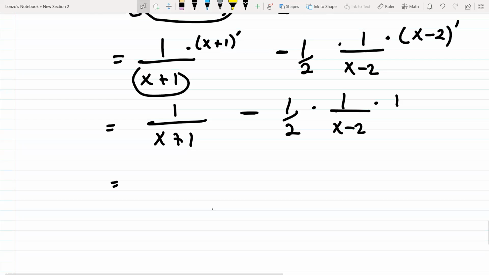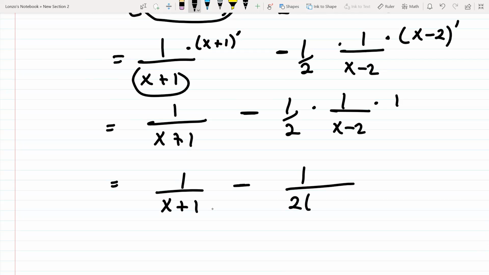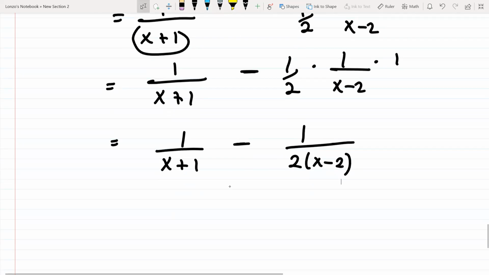So when you clean this up, this is going to be 1 over x plus 1 minus 1 over 2 parentheses x minus 2. I'm not going to FOIL out this 2 because I am subtracting a fraction. When you're subtracting a fraction, you need a common denominator. So what would be my common denominator?